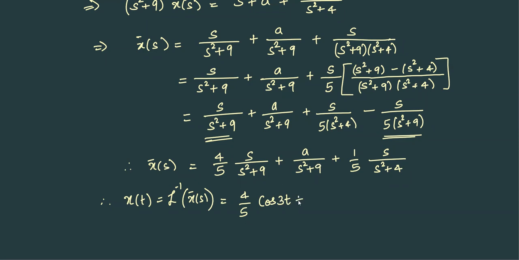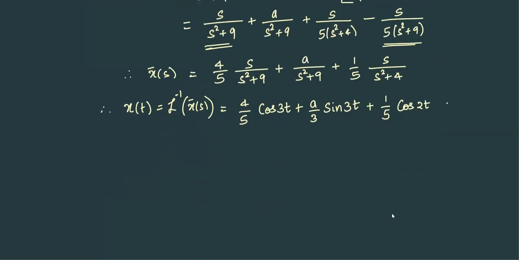Next term plus a upon 3 sine 3t, plus, now look at this. This is s by s square plus 4, 1 by 5 cos 2t. So we get this as x of t.